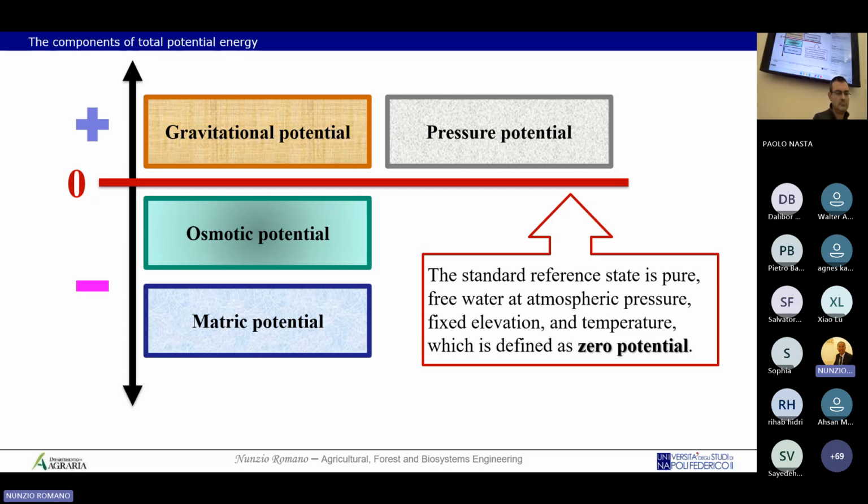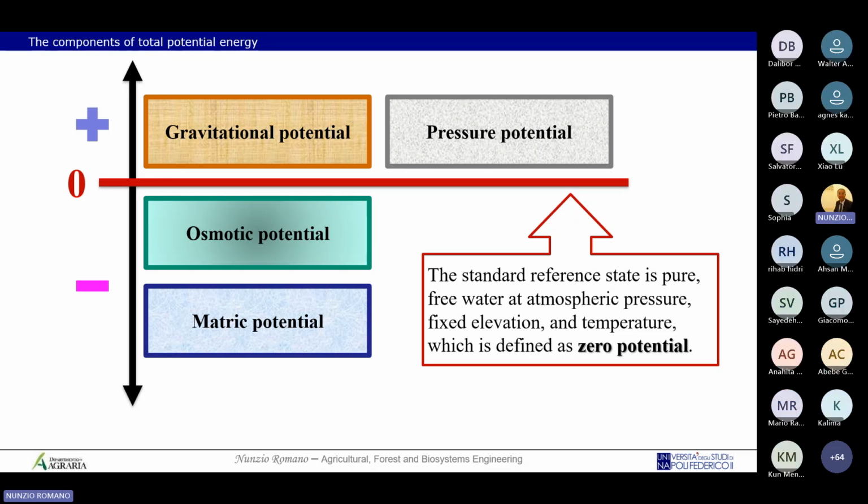The osmotic potential, due to the presence of a solute in the soil water solution, is mildly negative. But the matric potential is negative, and the negative values can be even relatively very great. And we will see in which way.